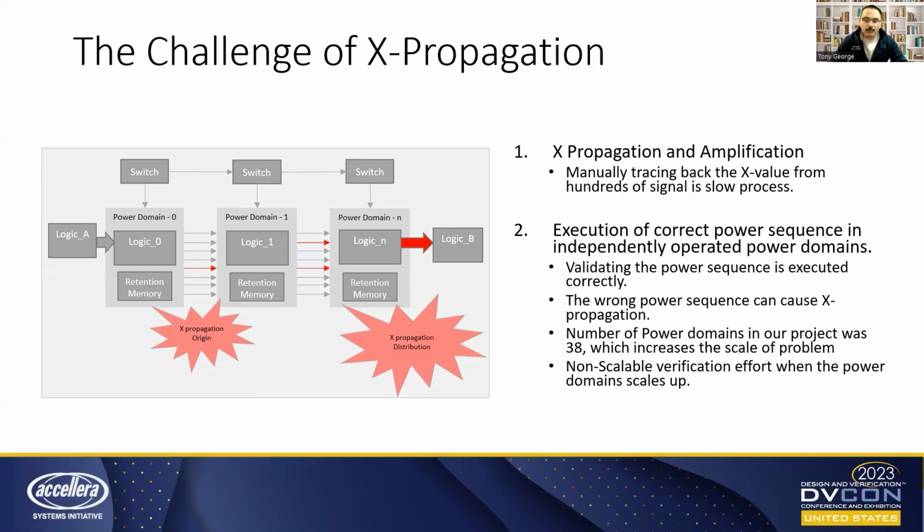The difficulty of root causing the origin of X signals starts here. When it comes to root cause analysis, the primary method we use is the waveform. But it can prove to be time-consuming because we are looking for a needle in a haystack. So it is necessary for us to find alternatives to the current verification approach.